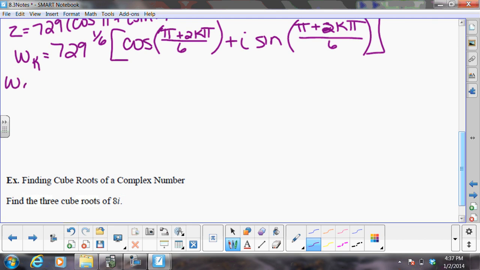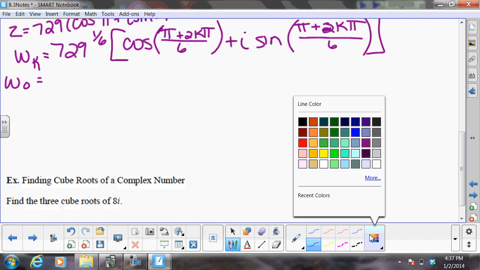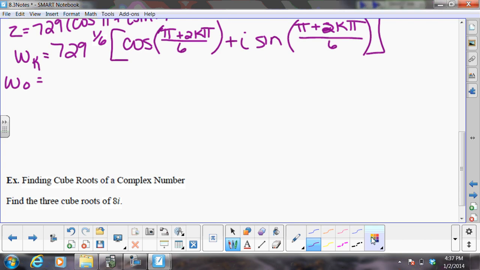So if I put in 0, I gotta make these thinner. Let me choose another color because I want this thinner. 729 to the 1/6 cosine, if I plug in 0 for k for the first one, that whole second part is 0.